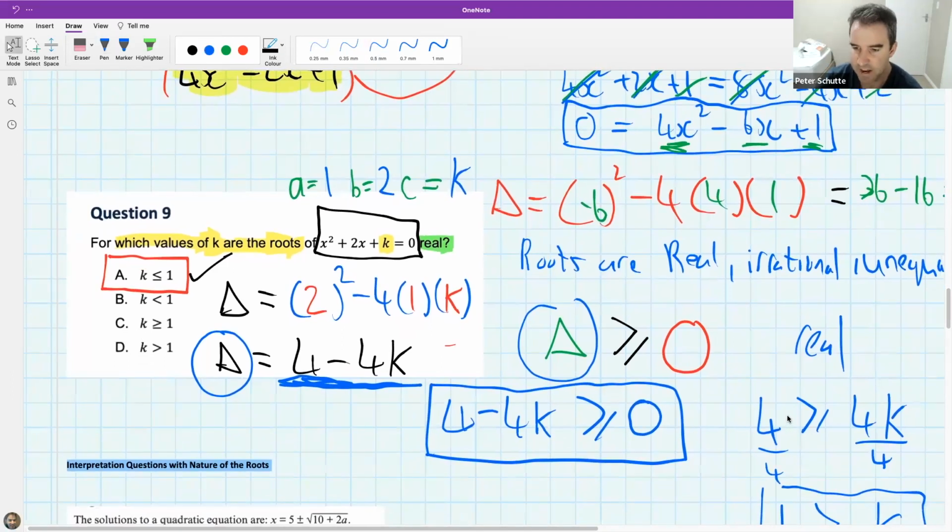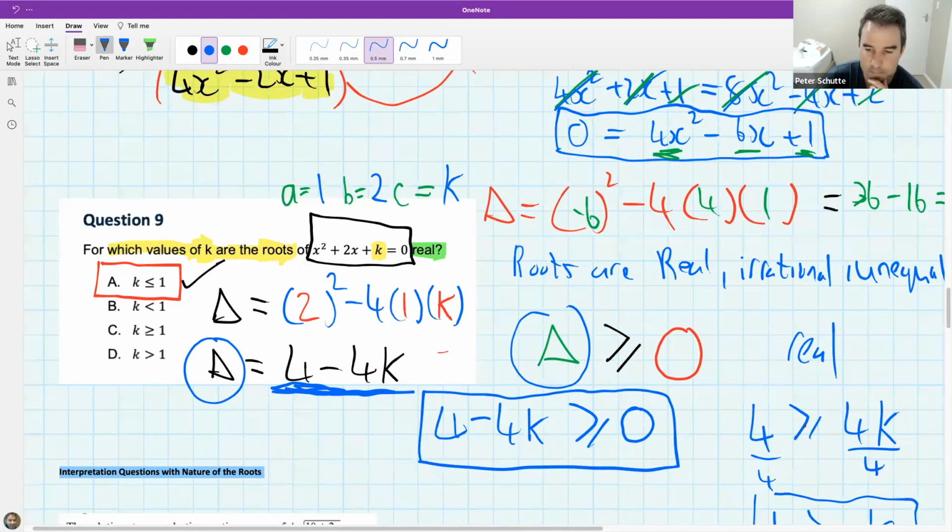In this method I just did, I only divided by 4, in which case it still faces the same way around. If I was dividing by a negative, like I was talking to Cass about, then I would switch it, and I would still get the correct answer. Okay, cool. We'll come back to that later in the lesson.